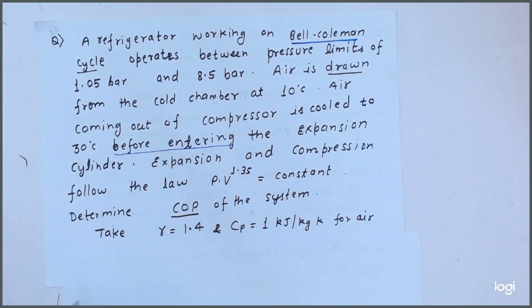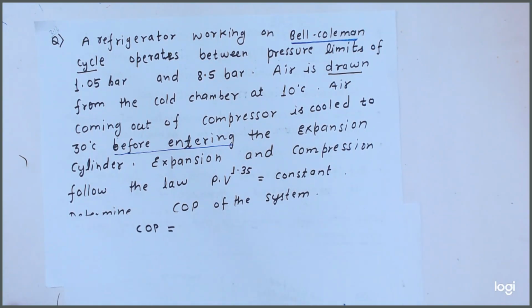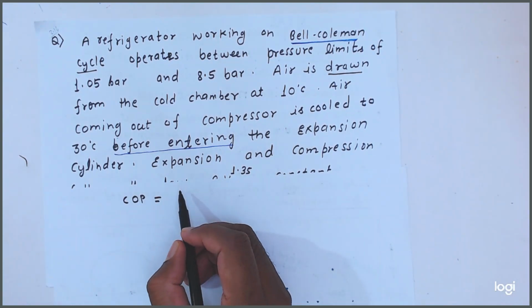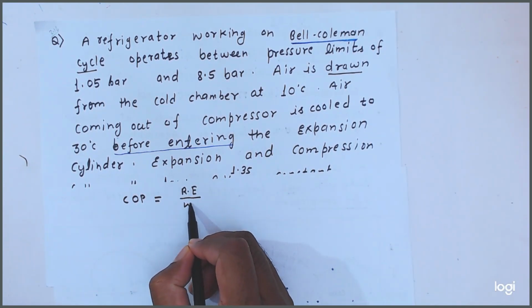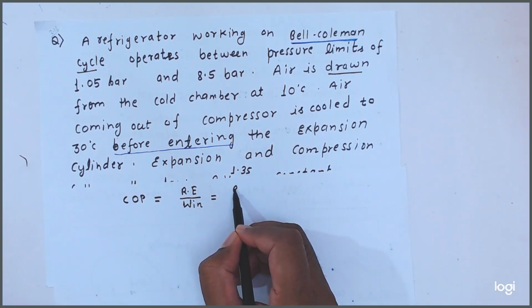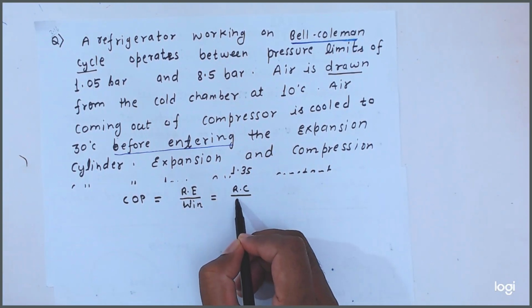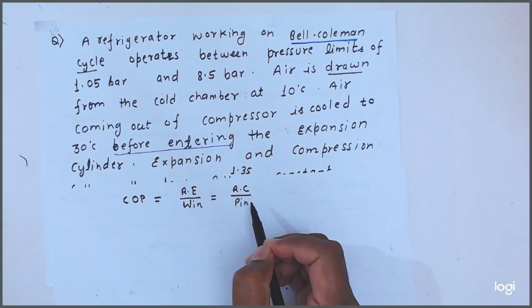First we will understand how we can find the COP, or what is the formula of COP. COP equal to refrigeration effect upon work input, or refrigeration capacity upon power input.